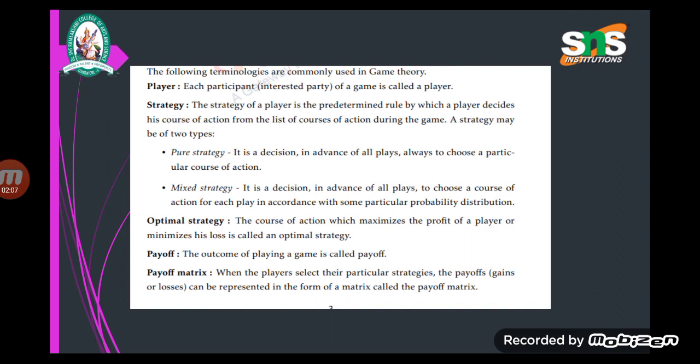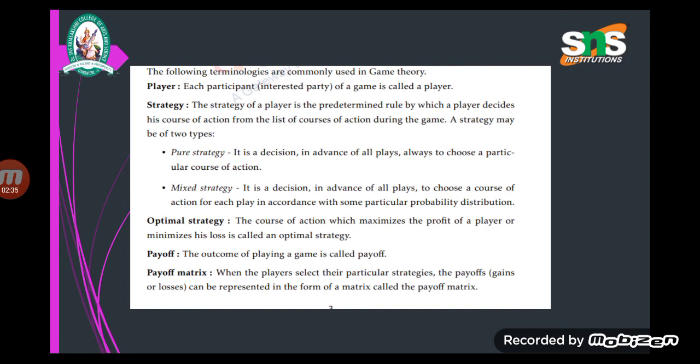A strategy may be of two types: pure strategy and mixed strategy. Pure strategy is a decision in advance of all plays always to choose a particular course of action. Mixed strategy is a decision in advance of all plays to choose a course of action for each play in accordance with some particular probability distribution.